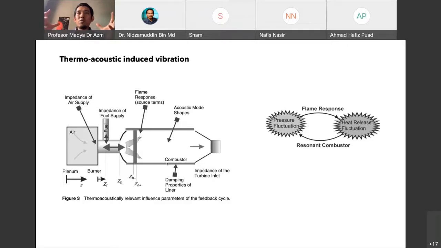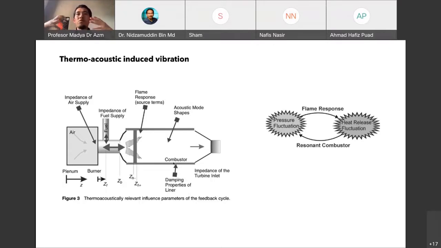So the acoustic mode shape of the chamber excites the structure, then the energy is fed back to the oxygen gas. We cannot feel the vibrations of the combustion chamber because it's a very heavy, very large structure.